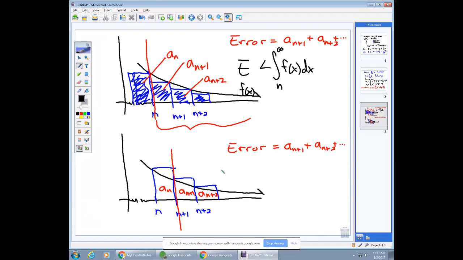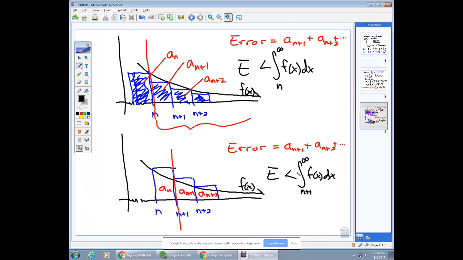But I also have the function and the integral represented here too, right? There's f of x, and I have the integral, this time from n plus 1 to infinity, of f of x dx. And how do the error and the integral compare in the second picture? The integral is smaller, right? So here the error is less than that.